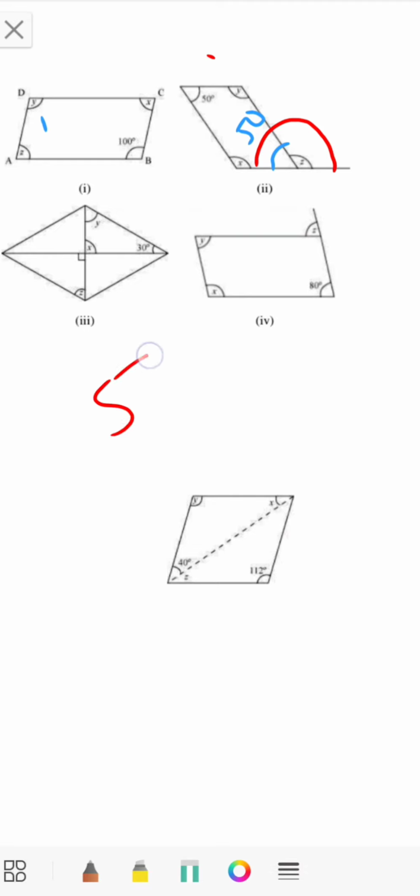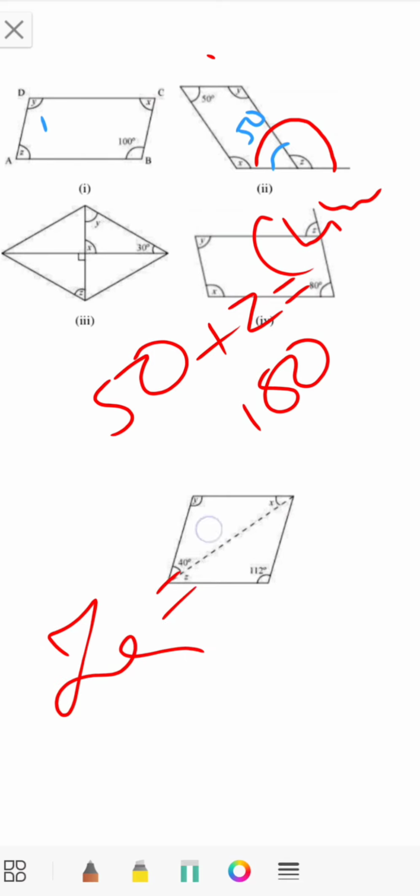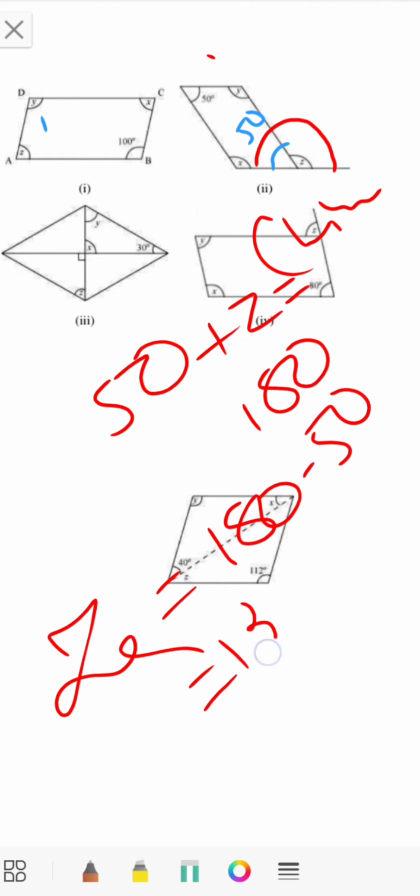So you will write 50 plus z is equal to 180 degrees. The reason is linear pair. So you will get the value of z, that is 180 minus 50, hence the value of z is 130. Now I still need to find the values of y and x.